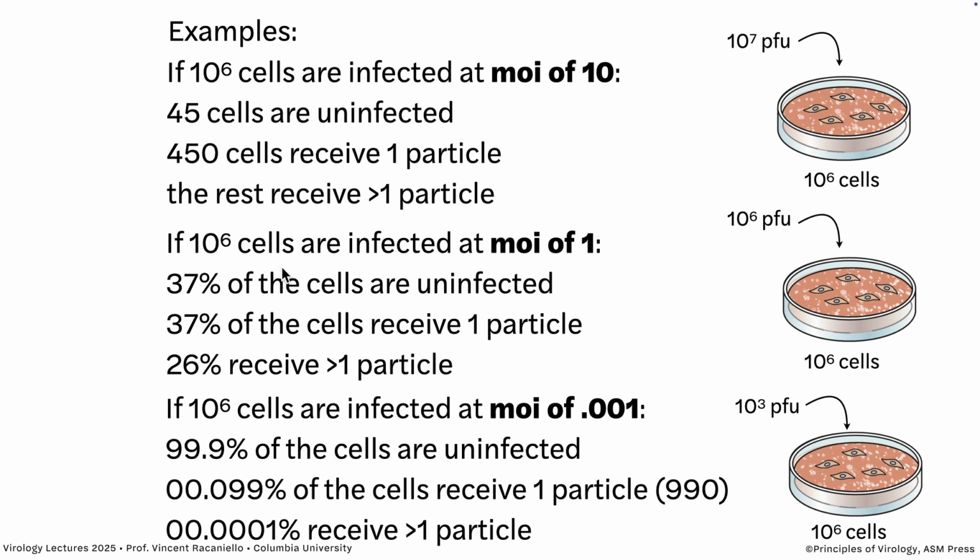If you infect 1 million cells at an MOI of 1, now you have 37% uninfected, 37% get 1 particle, and 26% get more than 1 particle. So now you're not going to have a single-step growth curve. And if you do an MOI of 0.001, most of the cells are uninfected. But some are, and eventually they will start reproducing. So that's MOI.